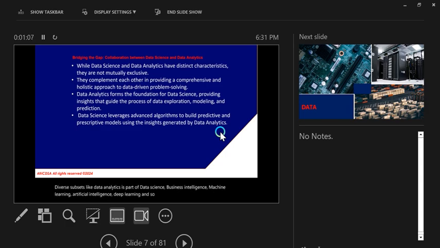Also, we have looked at the differences between the two and how they complement each other. What has come out clearly is that the foundation of data science is data analytics. It means that you cannot be a data scientist if you don't know data analytics. So that is briefly what we have covered so far.